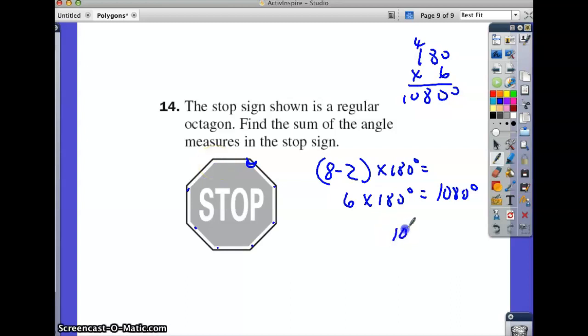So if you take 1,080 divided by 8, that goes once. 8 times 3 is 24. 4, bring down your 0, that goes 5 times. That means each one of these angles on this octagon is 135 degrees. You could only do that on a regular octagon or regular polygon. Okay, so this concludes our lesson on polygons.